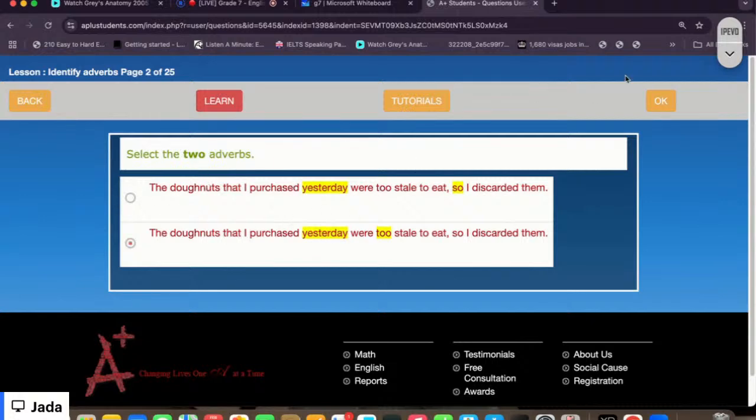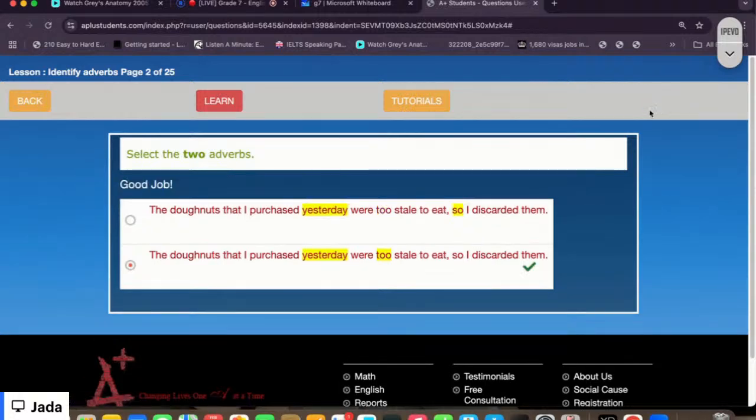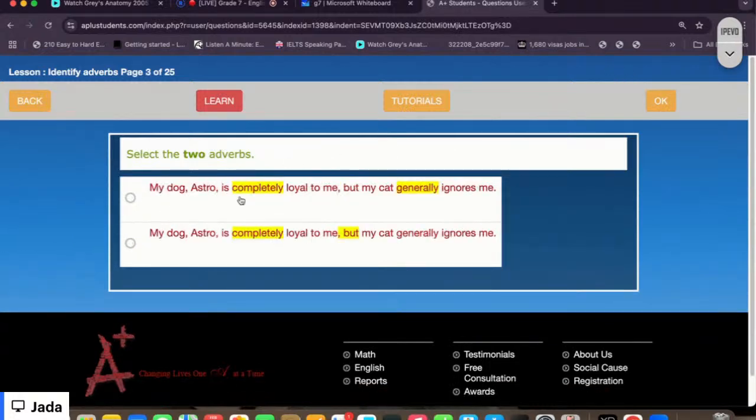All right, so we can say the second one as the adverb. Okay. All right, so we have: my dog Astro is completely loyal to me, but my cat generally ignores me.